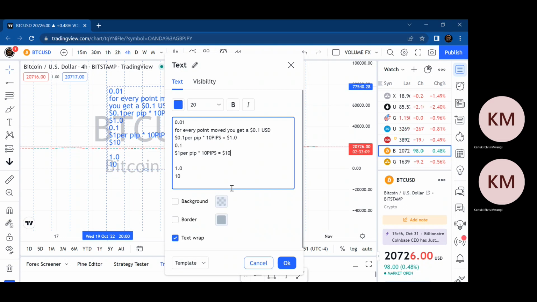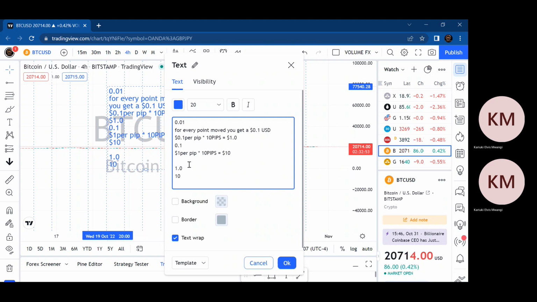So whenever the market moves 10 pips, you will gain $10. The reverse also happens whenever your stop loss is hit.